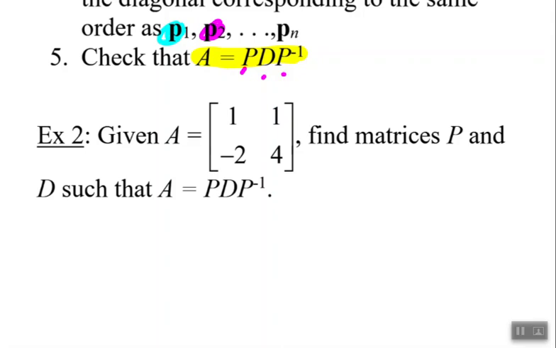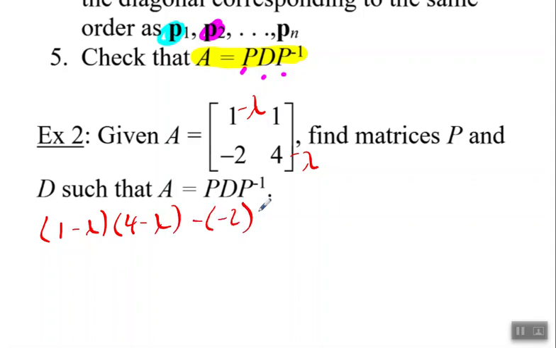So we're going to go back to finding our characteristic equation. We subtract the eigenvalue across the diagonal and make that determinant equal to 0. So we have (1 minus lambda) times (4 minus lambda) minus negative 2 equals 0. And so we're going to solve that equation.